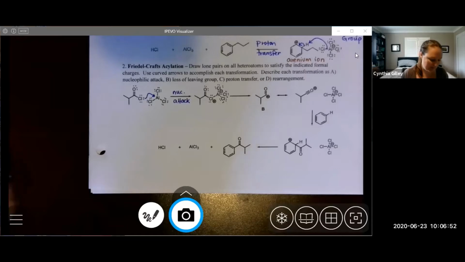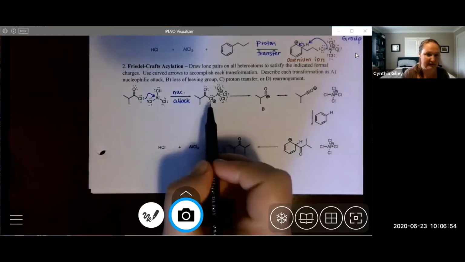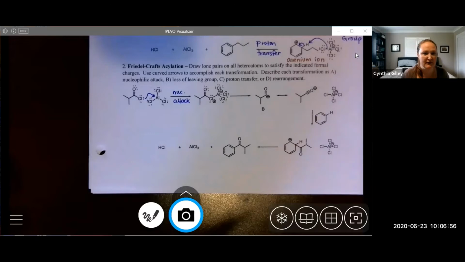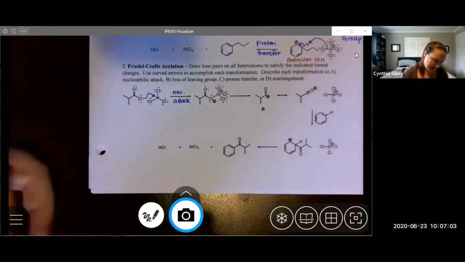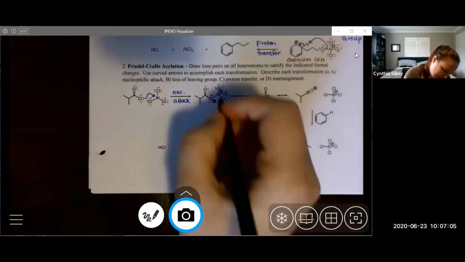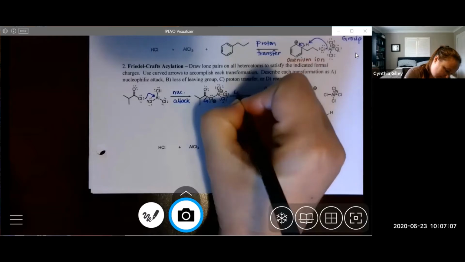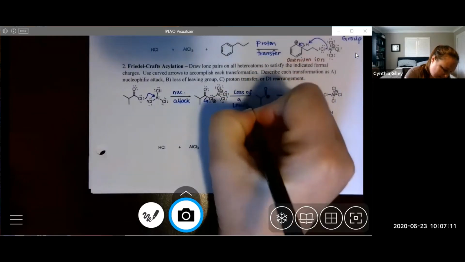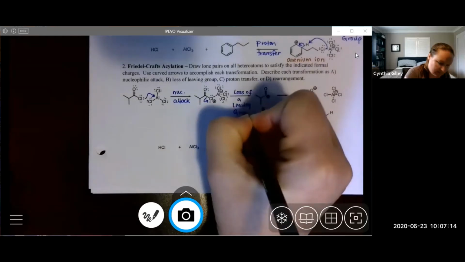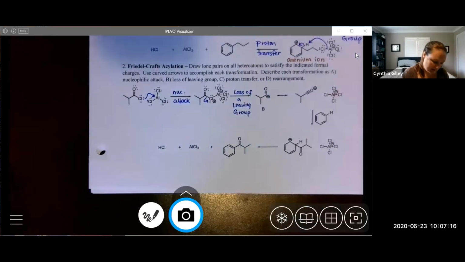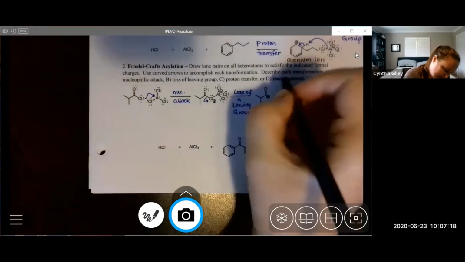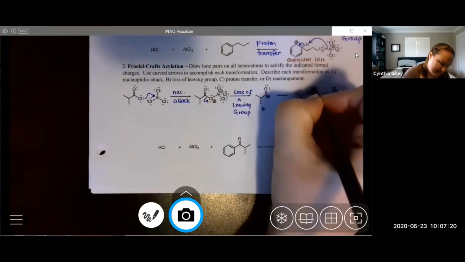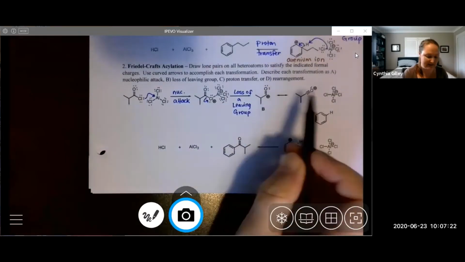Okay, at this point, remember we did not show loss of a leaving group to form a primary carbocation. That's unreasonable. Secondary or tertiary would be okay, but not primary. But in this particular case, we can do it, and the reason is we're forming a much more stable carbocation. This is more stable because it's resonance stabilized.